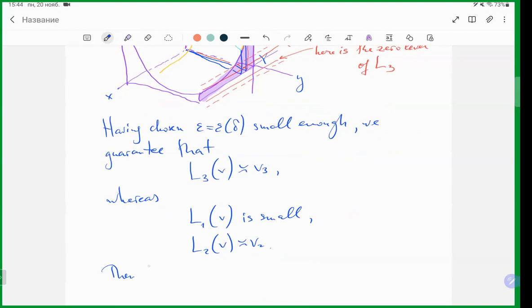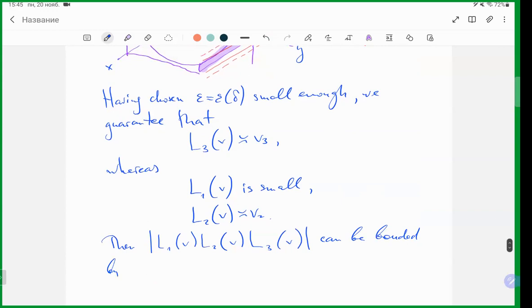Then the product L1 of V, L2 of V, L3 of V can be bounded by delta, being still positive.